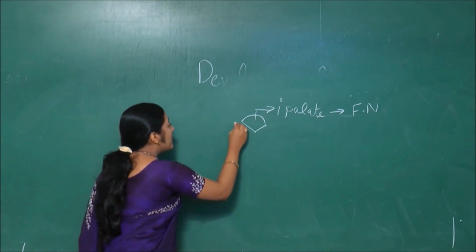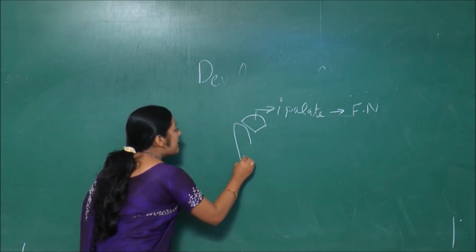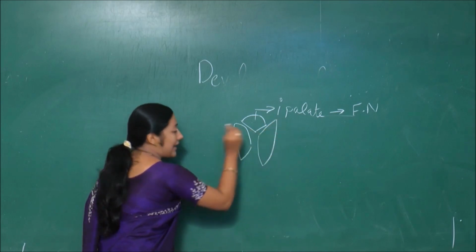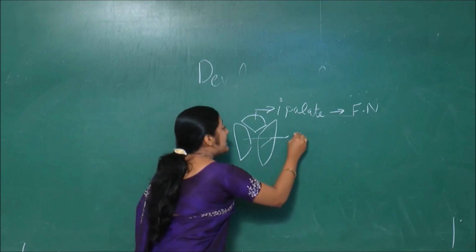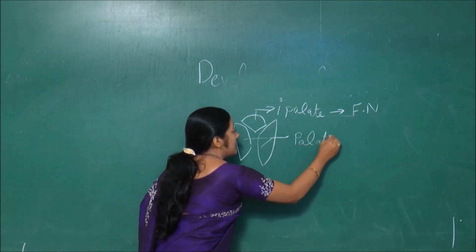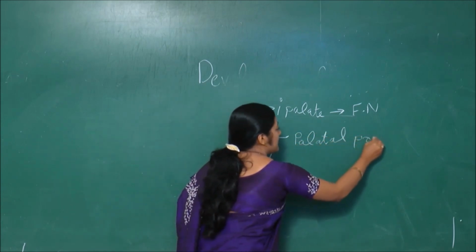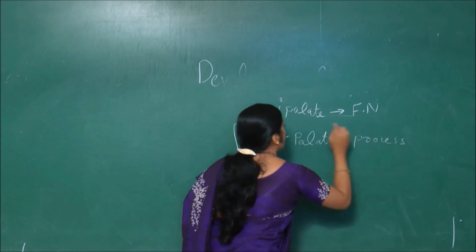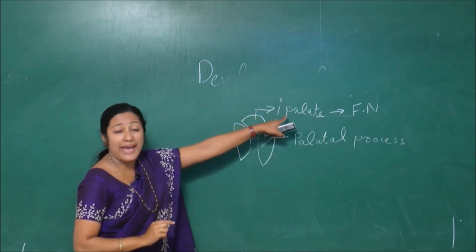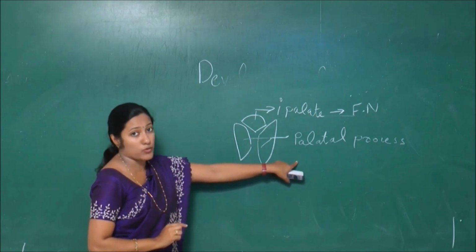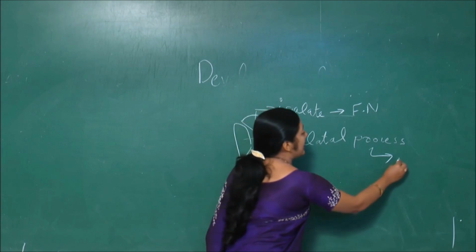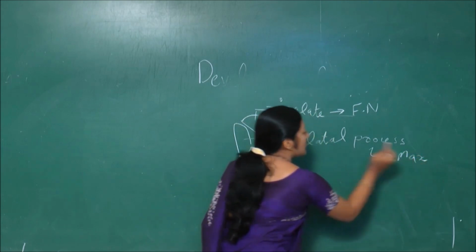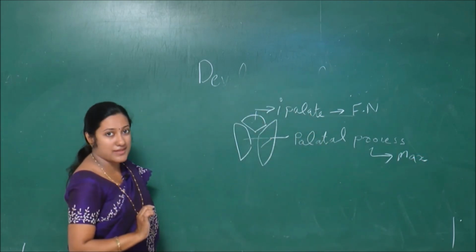Then we have two palatal processes on either side. So this is the primitive palate, and these are the palatal processes, which come from the maxillary process.